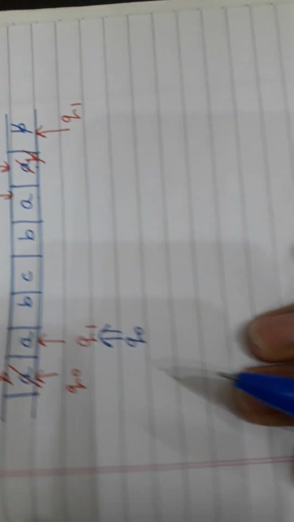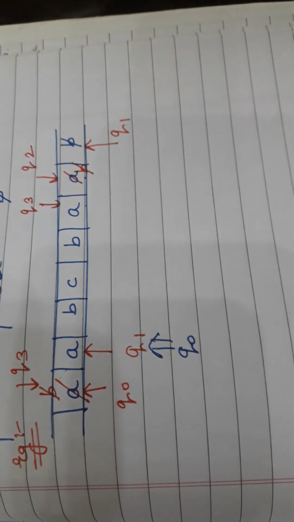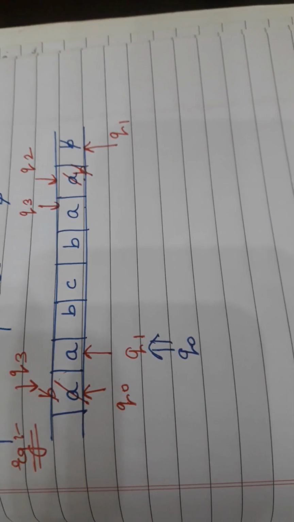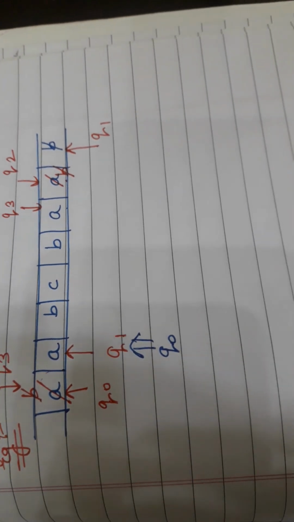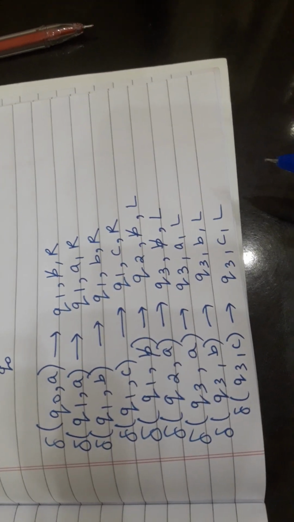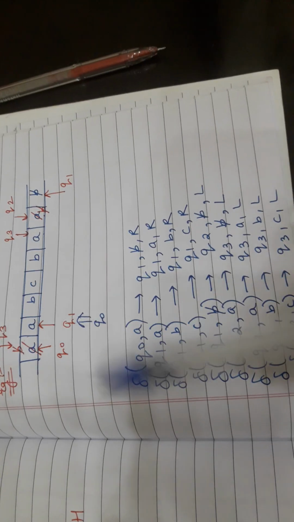So first I'll write down the set of transitions up till this point where we are considering the starting of the string is with alphabet A. So these are the set of transitions that will be generated for the point till we have discussed.